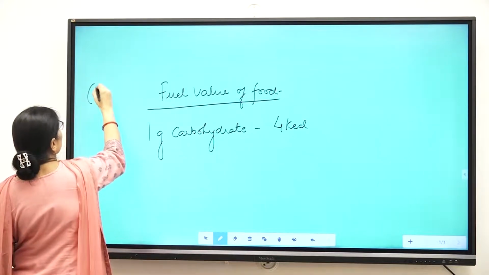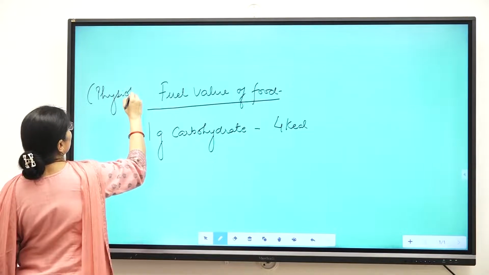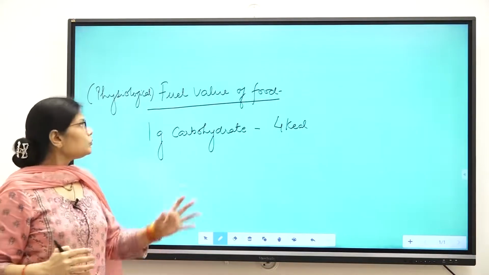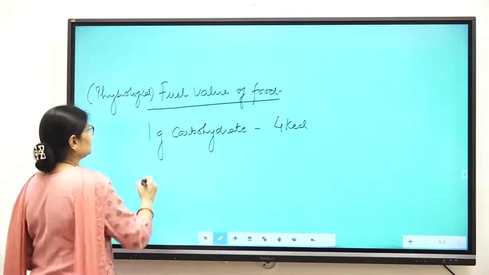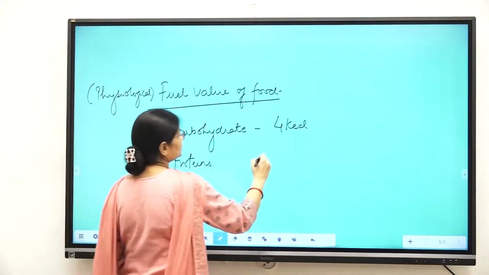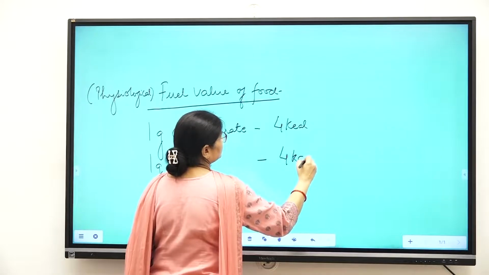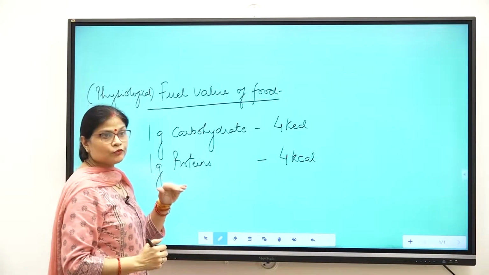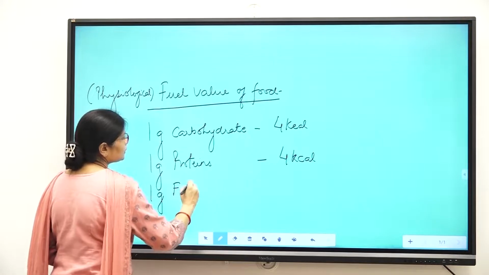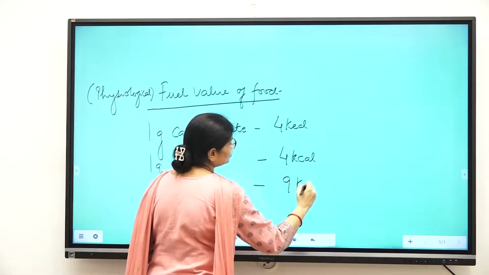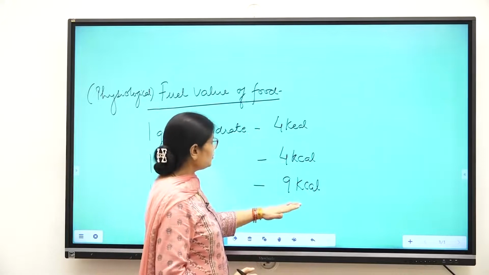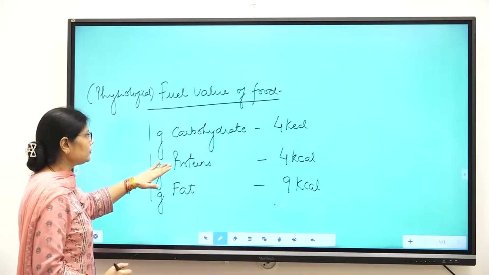So, we can precisely say that it is the physiological fuel value, meaning the fuel produced by food in our body. 1 gram of protein gives the same amount of energy, that is 4 kilocalories, but the main function of protein is for growth, not for energy. 1 gram of fat provides 9 kilocalories to our body, and this value is more than double the energy given by carbohydrate and proteins.